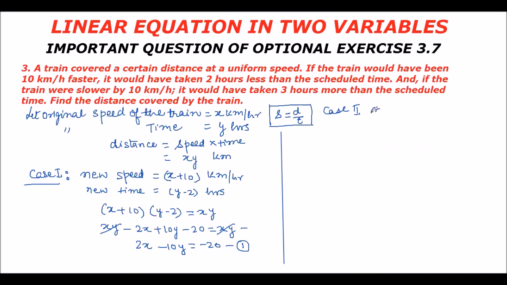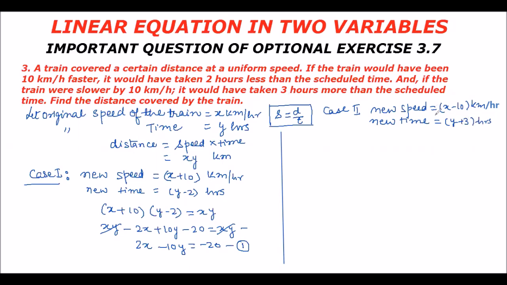So the new speed in the second case is x minus 10 kilometer per hour. Since you are moving slower, that means the new time is going to be more. So it is increased by 3 hours. So this will be y plus 3 hours.